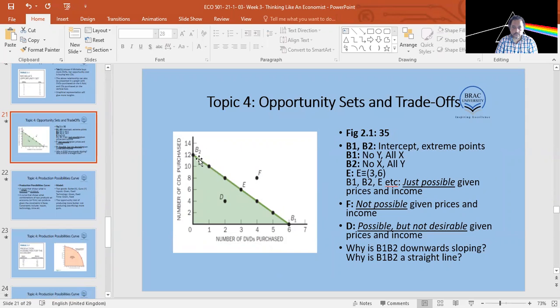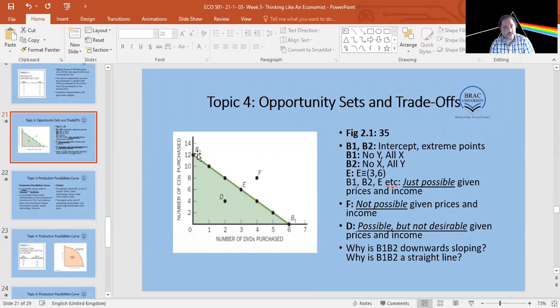B1 and B2, these are the intercept points. This point in the budget constraint B1 B2 intercepts with the x-axis. This point intercepts with the y-axis.